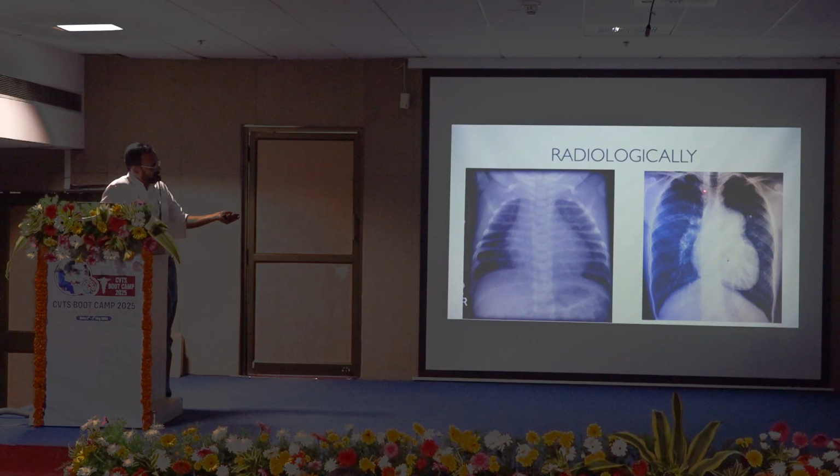You can see that the lung disease has progressed. There is no vascularity in the peripheral one-third of the lung, which is typical of Eisenmenger. The heart size has decreased and the PA has dilated because of the pulmonary hypertension. This is a typical picture of an Eisenmengerized lesion, and this is inoperable.